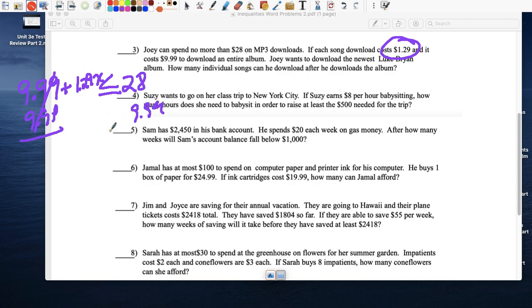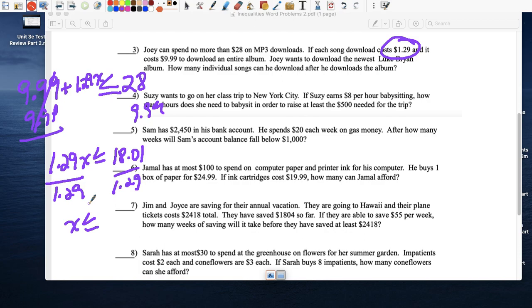So we've got 1.29x less or equal to 28 minus 9.99, which is 18.01. Divide by 1.29. X equals 18.01 divided by 1.29, which gives me 13.96.